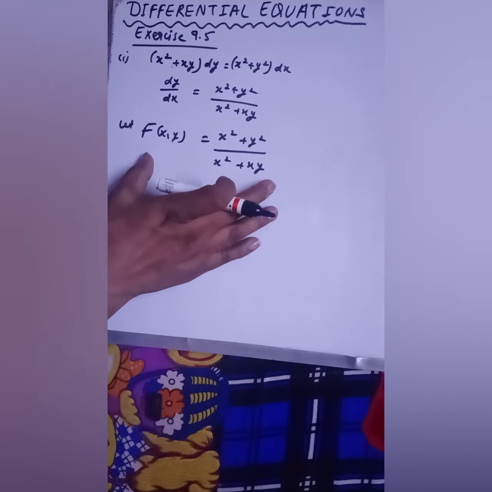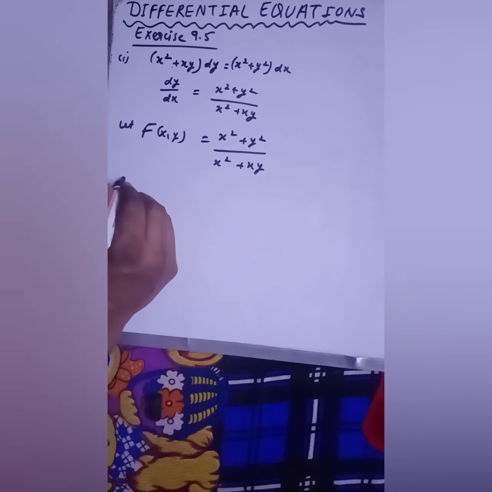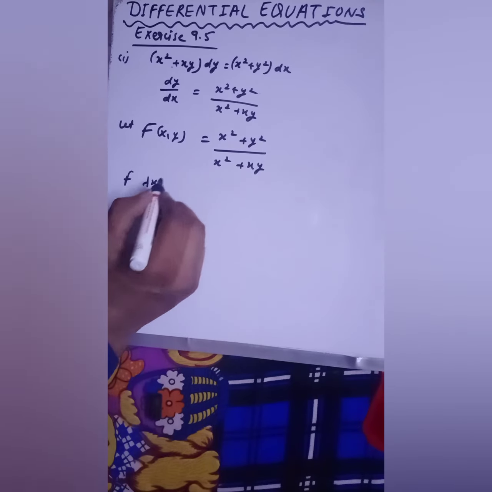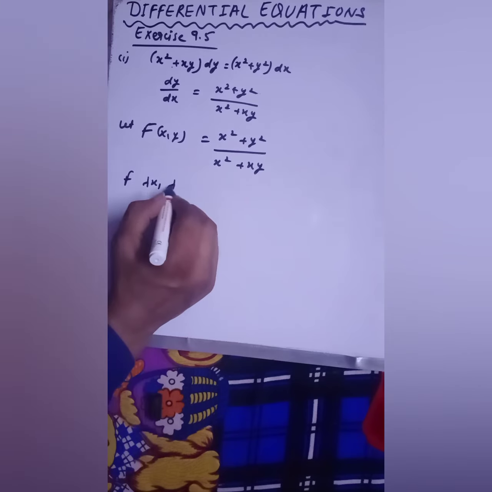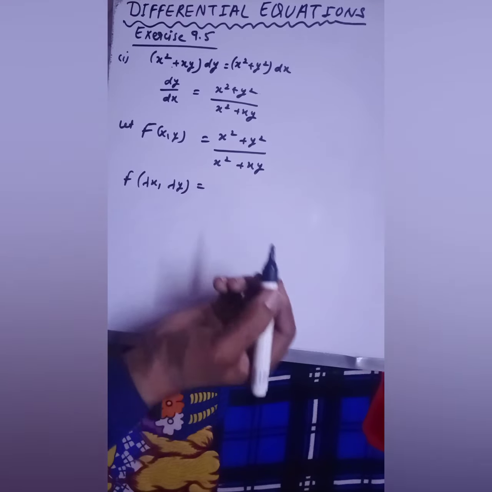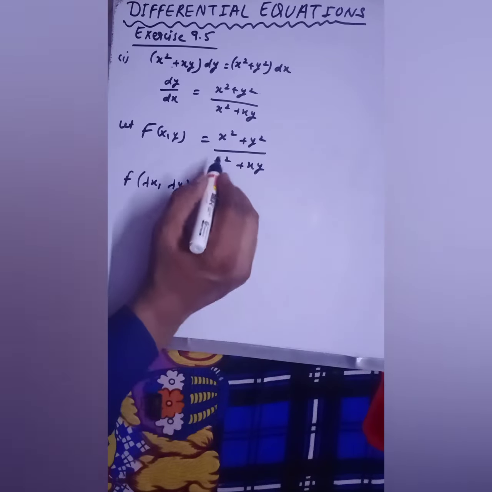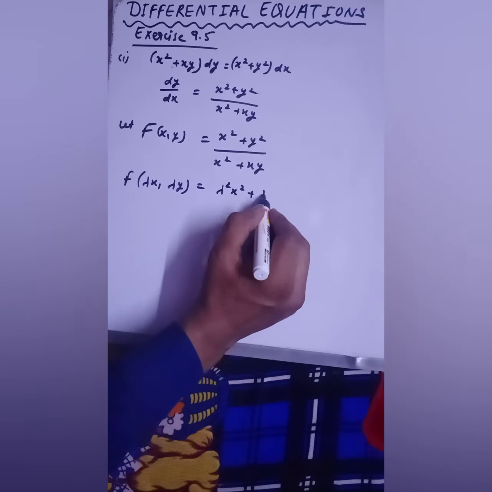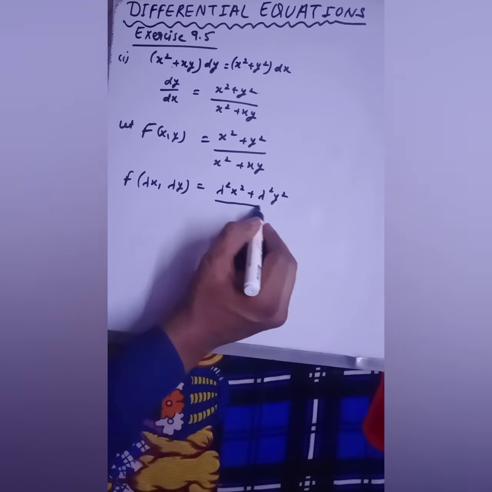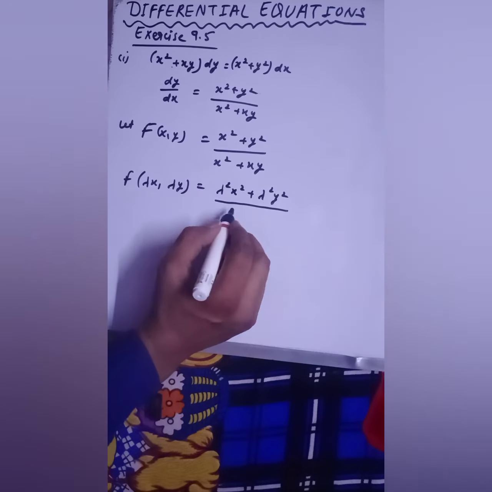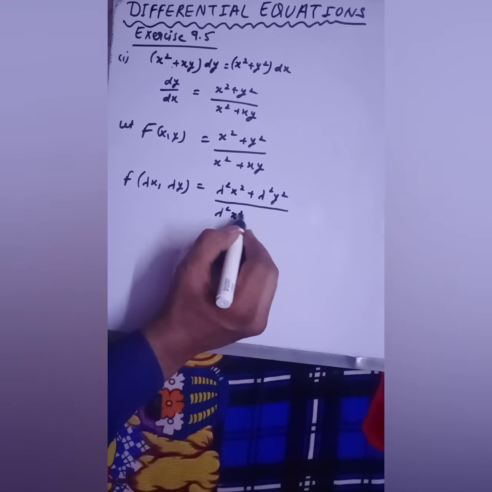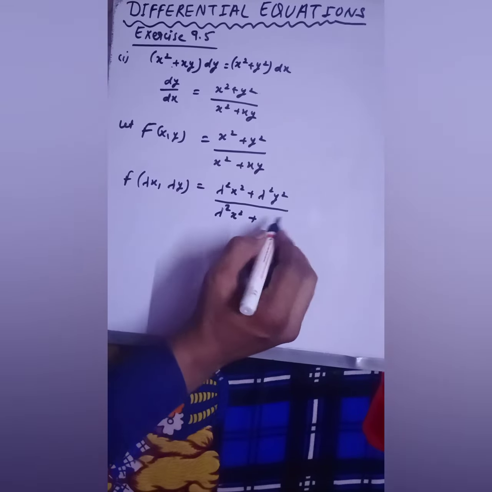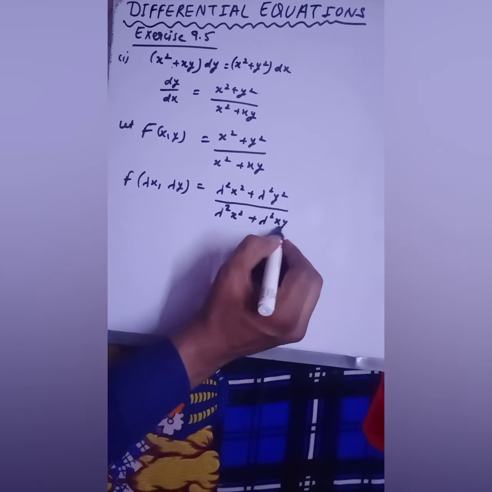In this function, I am putting lambda x in place of x, and lambda y in place of y. When you put these, you will get lambda square x square plus lambda square y square over lambda square x square plus lambda square xy.